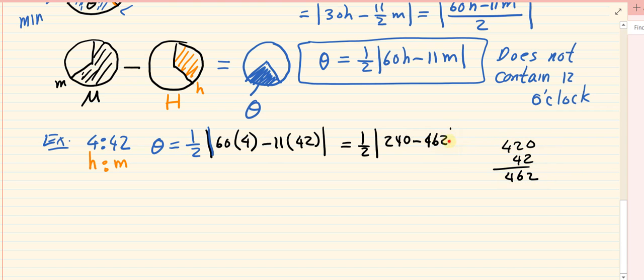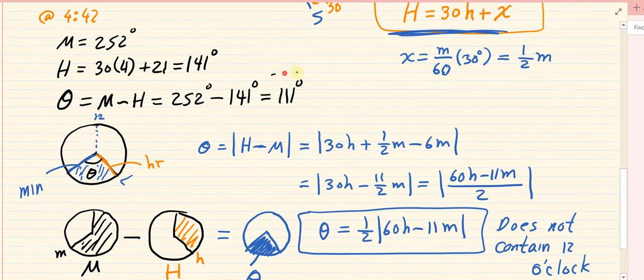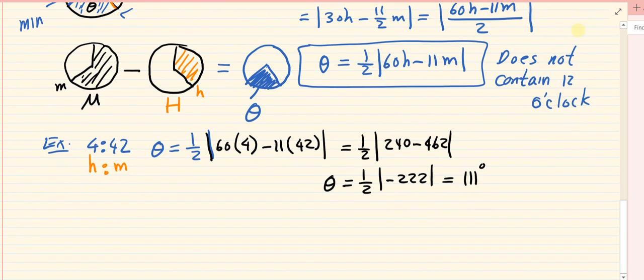Not using a calculator, as you can tell. Okay, and that number is going to be negative 222. You see that? That's the need for absolute value, because the measure of the angle is positive. And that's the answer we had up here, right? 111 degrees. So the formula works.